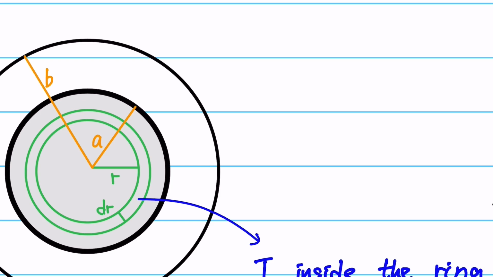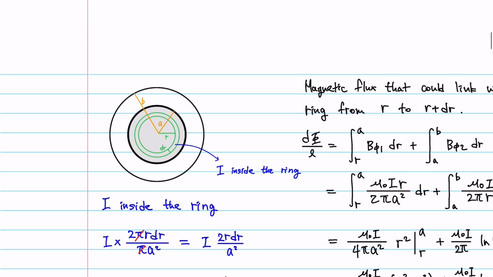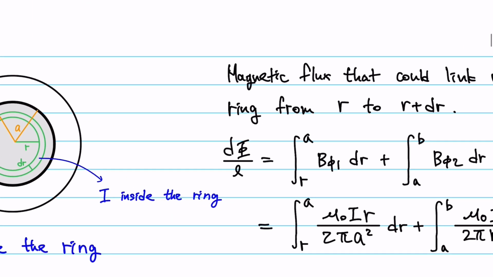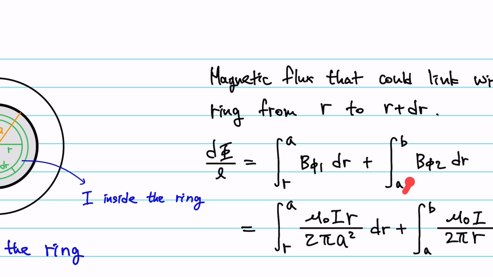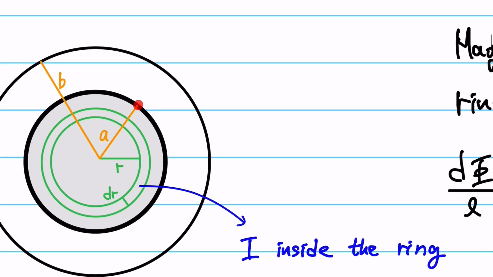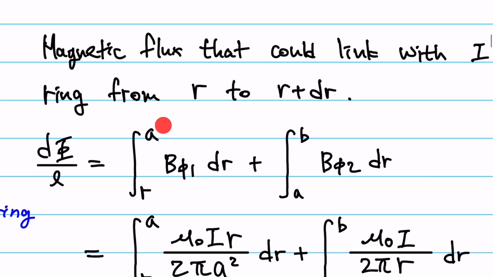And then you have to take into account the magnetic flux flowing between a and b, this whole area.